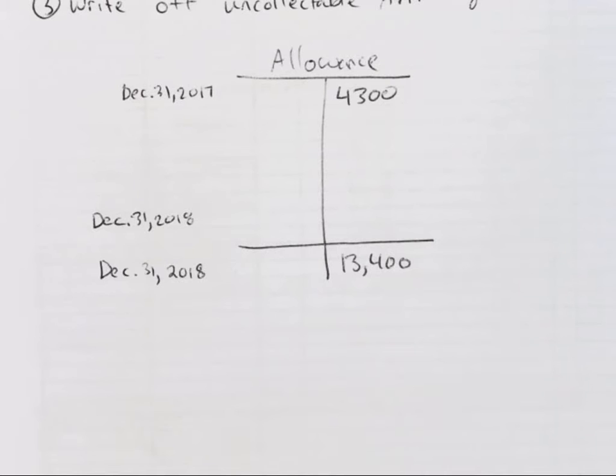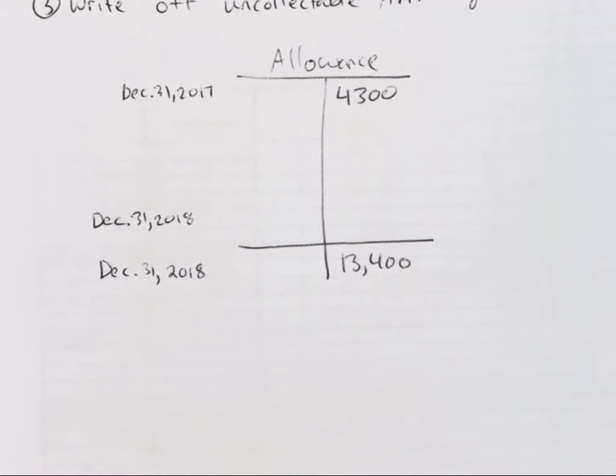On page 535 of your textbook, the answer is there. So when we adjust our bad debt expense and when we actually write off a specific customer's account.